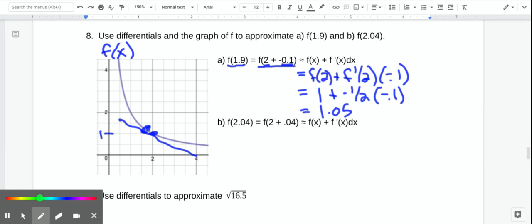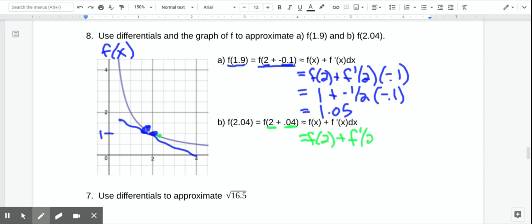This time we're going to find the y value at 2.04, which is down here somewhere. Now, we don't know that, so we're going to use the line to approximate it instead, this tangent line. So we're going to split it into 2 plus 0.04, and then use this tangent line approximation. So we're going to go from the point at 2 plus the derivative at 2, the slope at 2, times dx, that's how much we're off by, 0.04.